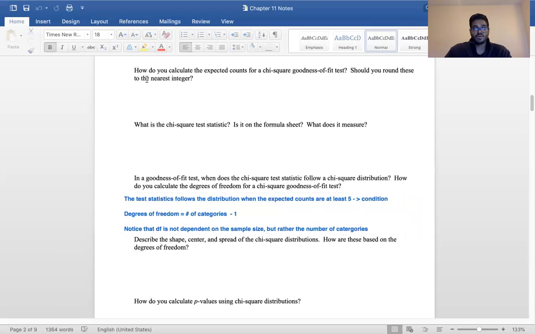So what does the chi-square distribution look like? The shape is skewed right. The mean is equal to the degrees of freedom. The peak is at degrees of freedom minus 2. And your spread, the standard deviation, is the square root of 2 times the degrees of freedom.